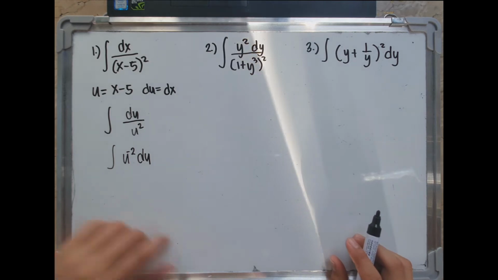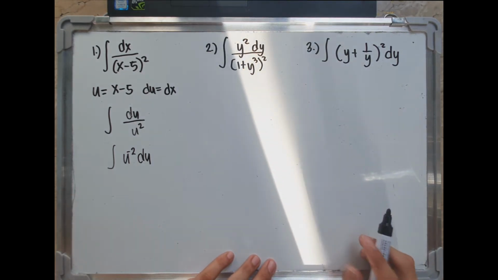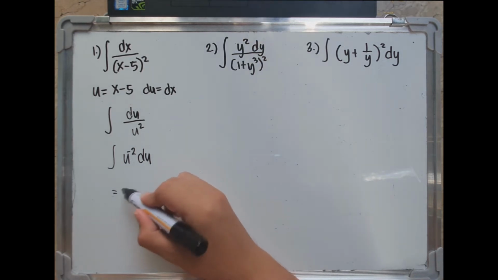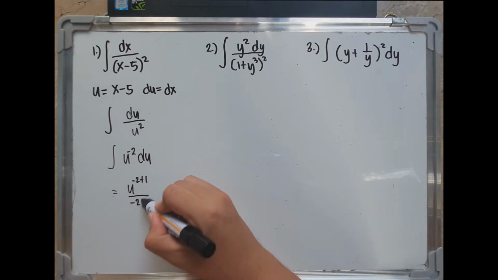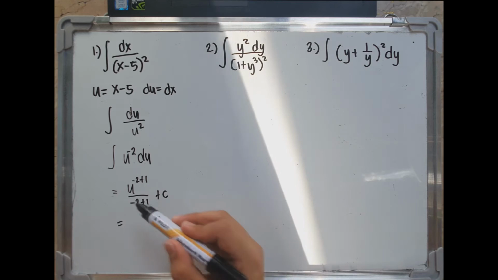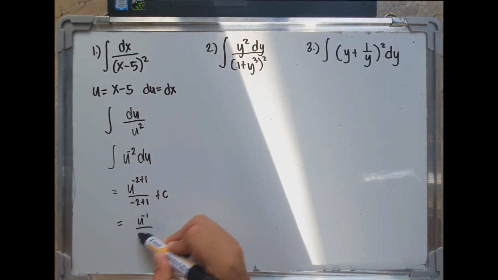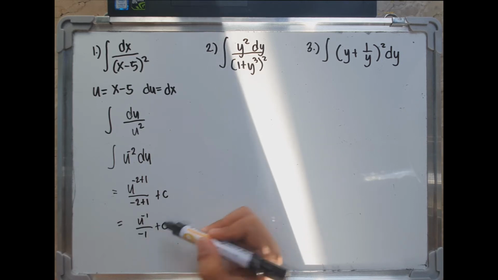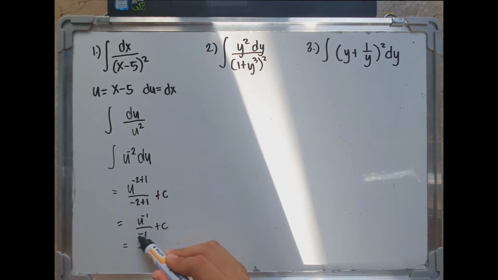Applying the power rule, the integral of u raised to the power of negative 2 du is equivalent to u raised to the power of negative 2 plus 1 over negative 2 plus 1 plus c. So we now have u raised to the power of negative 1 over negative 1 plus c. Or we could rewrite this as negative 1 over u plus c.